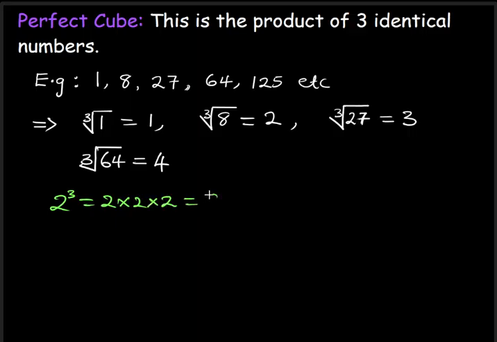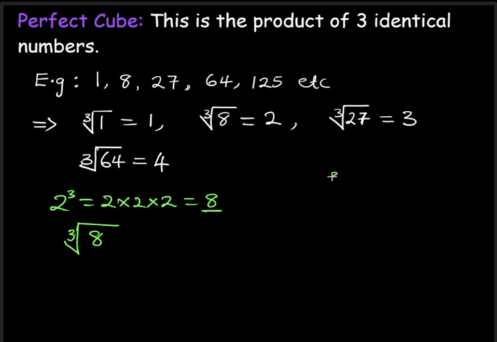That will give us what? 8. So this 8 is what we call a perfect cube. And then if you are taking it back, you have what we call cube root. How do we take cube root? Please look at this. You draw a square root sign, but since it's cube, we'll put something here. Please see where it is being written. Cube root of 8.